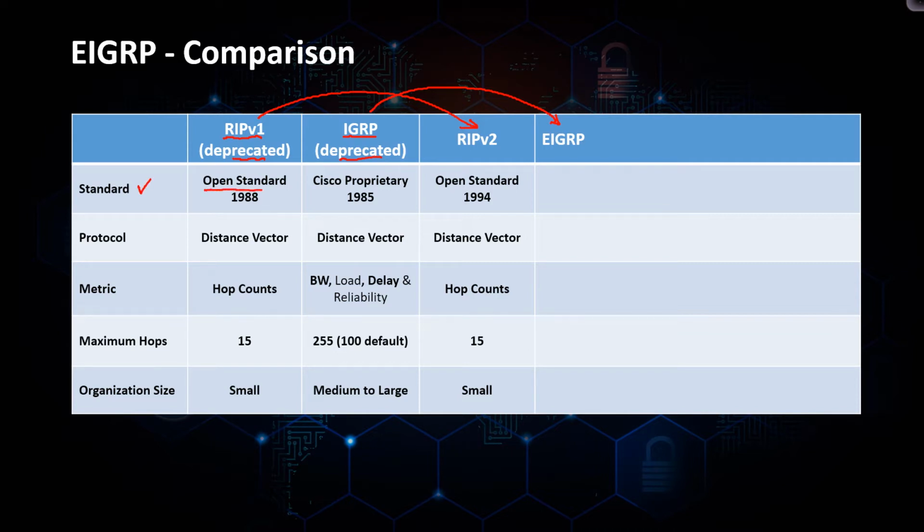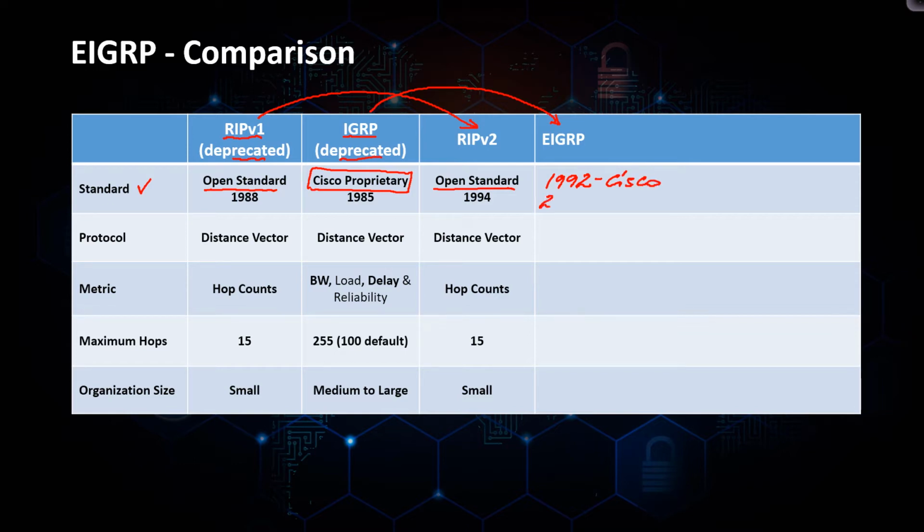Both RIP version 1 and RIP version 2 are open standard, while IGRP is Cisco proprietary. Cisco developed EIGRP in 1992 to overcome the shortcomings of IGRP. However, it is also Cisco proprietary.